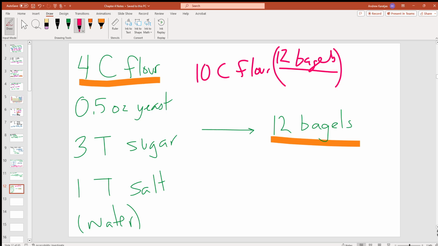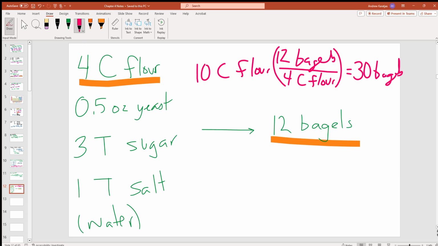So we can set it up this way. And we can see that if we open our cabinet and find 10 cups of flour, that's enough flour for us to make 30 bagels.